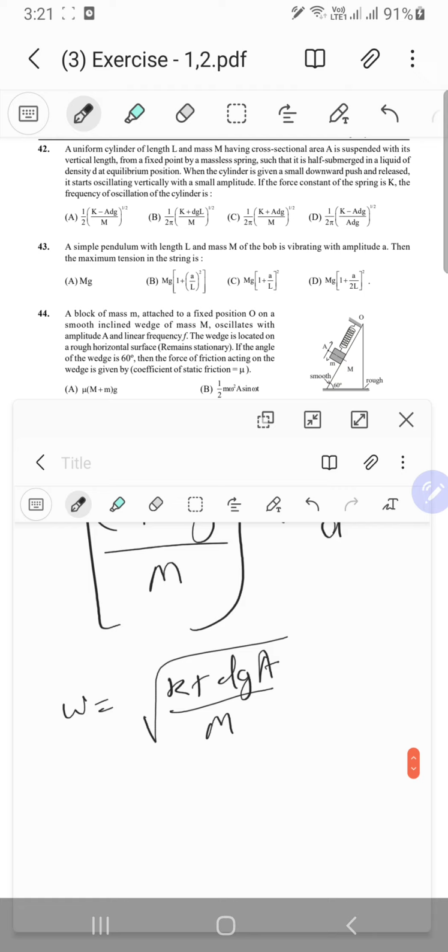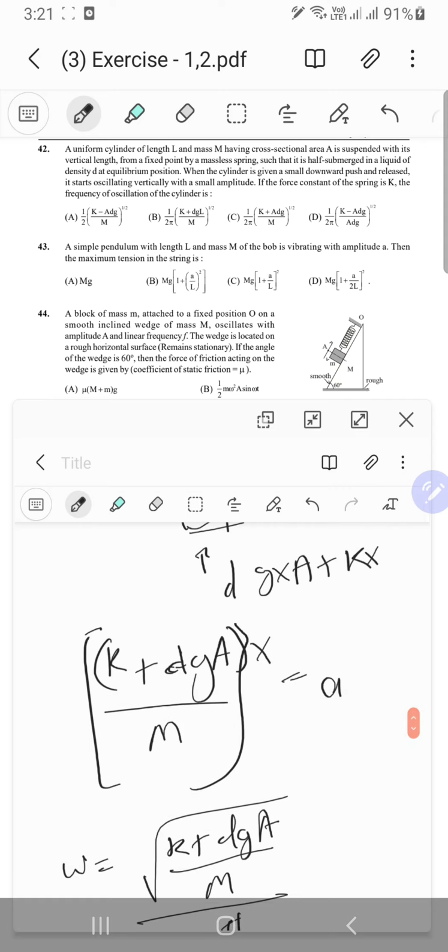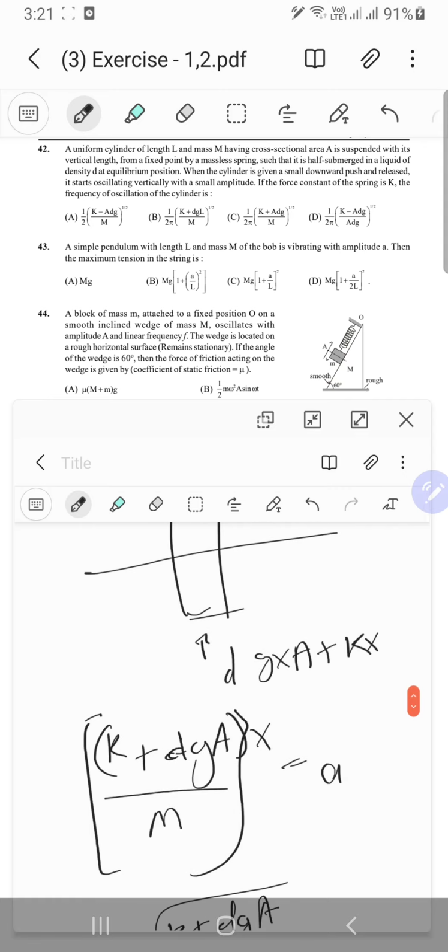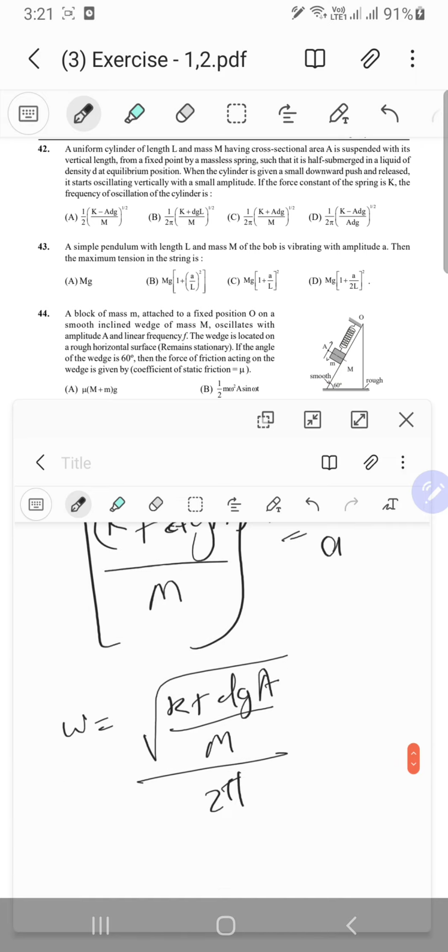Okay, if they want in terms of cycle per second, then it should be this upon 2 pi. Well, yeah, that is correct. So it should just be 1 upon 2 pi square root of k plus ADG. So it should be this thing.